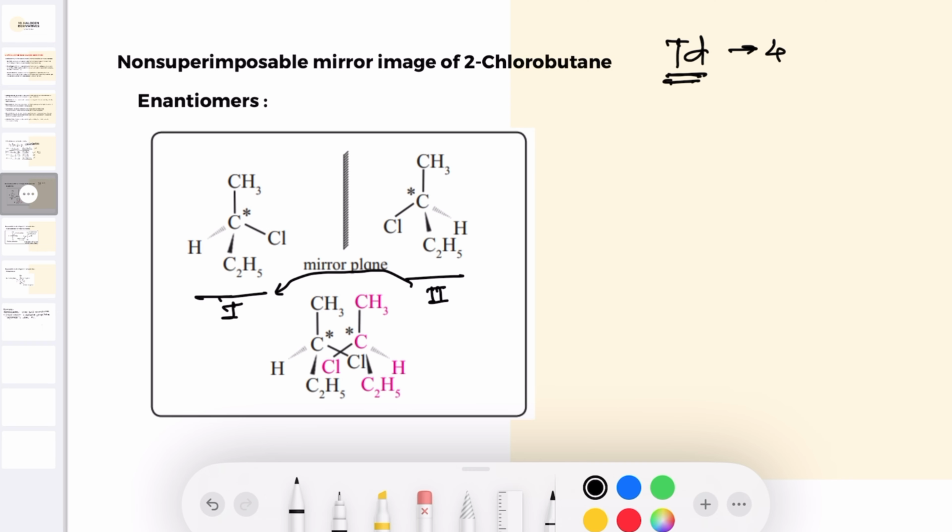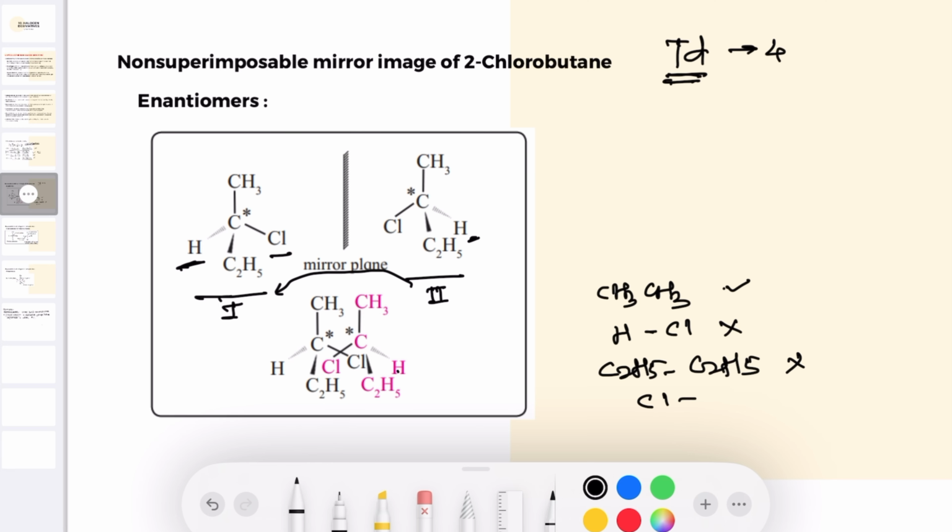There is no exact match of the CH3 group of the first and second, and the hydrogen overlaps with the chlorine of the mirror image. Then the C2H5 and C2H5 bond angles change, so they are not superimposed. This is superimposed, this is not superimposed. Atoms are changed directly here, and on the chlorine there is the hydrogen of the mirror image, so here also atoms change. That means this image and its mirror image are not superimposable with each other.